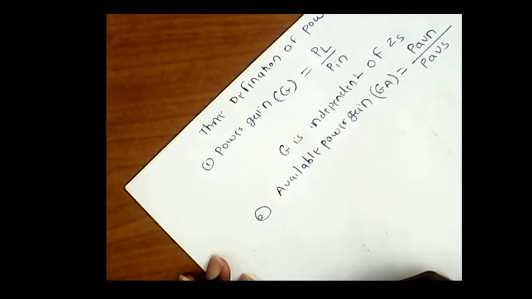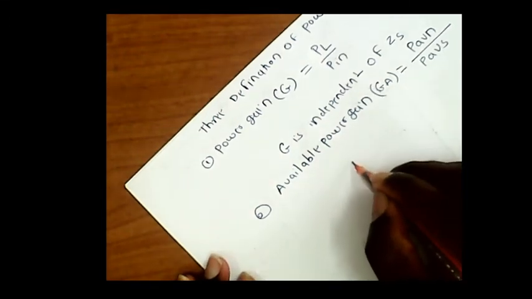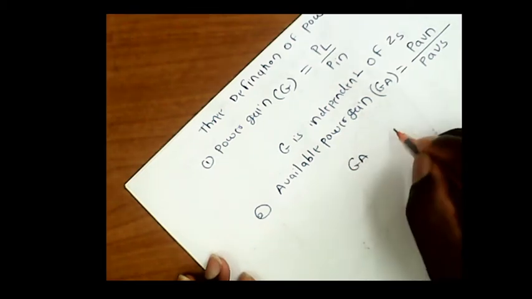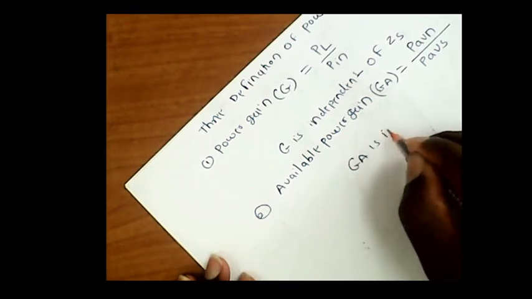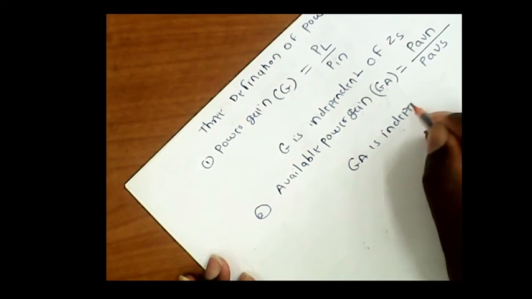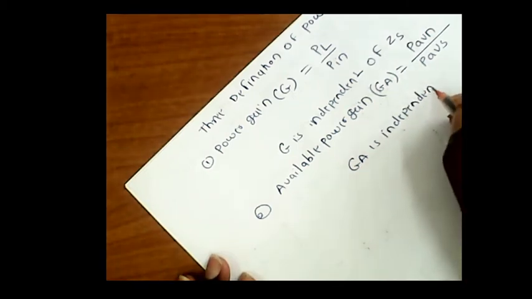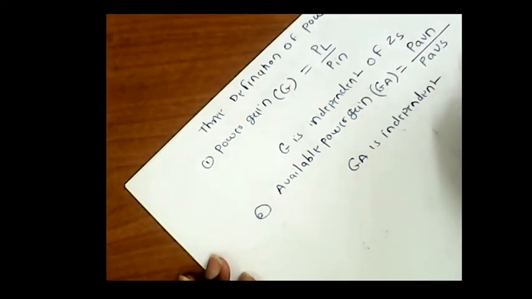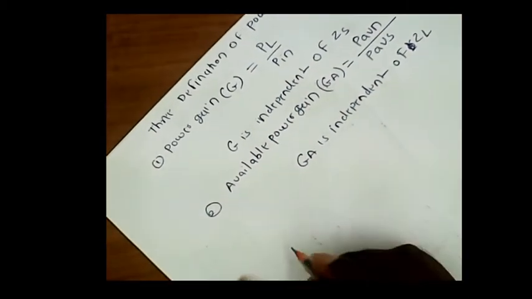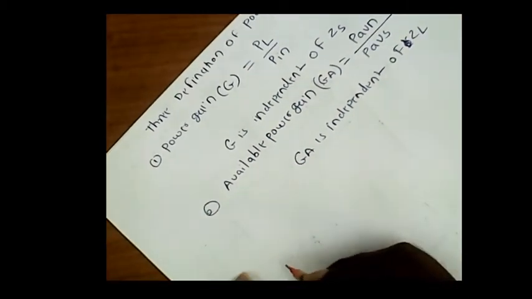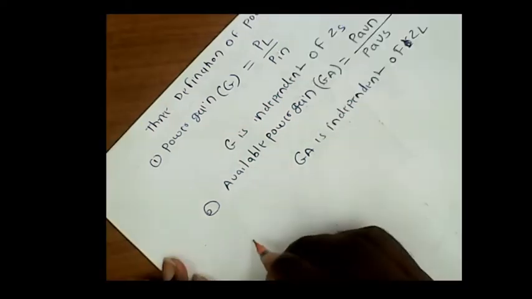GA is independent of ZL, independent of the load resistance or load impedance.